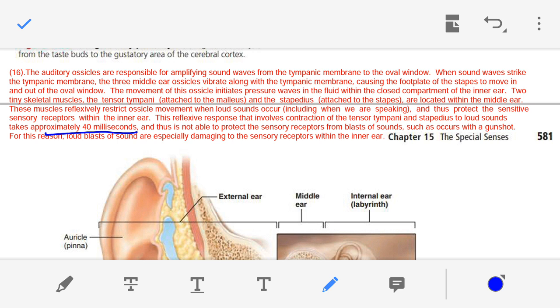So 40 milliseconds, you can understand, is a very minute time period.